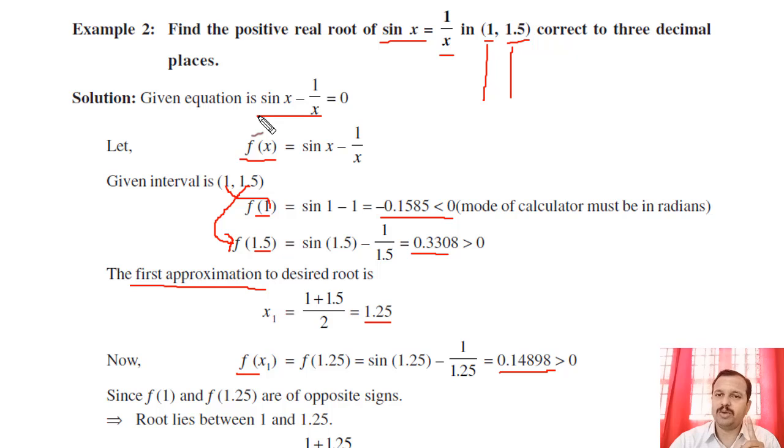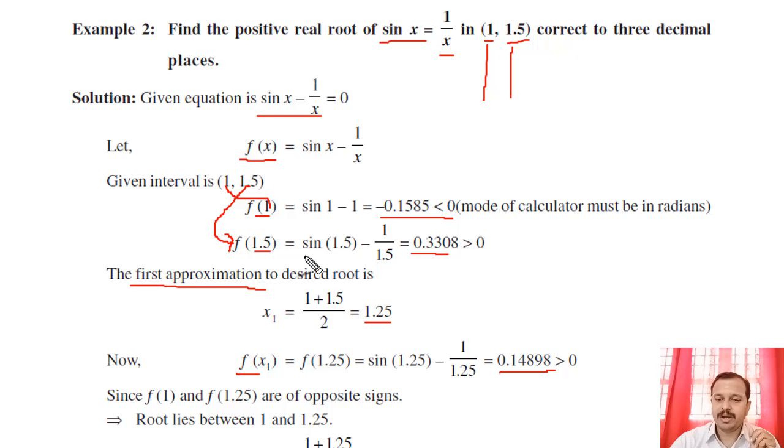You have to do that at the beginning. So change the mode of the calculator to radian and then start working with the trigonometric functions. It should appear as R at the top bar in your calculator. That you have to ensure.